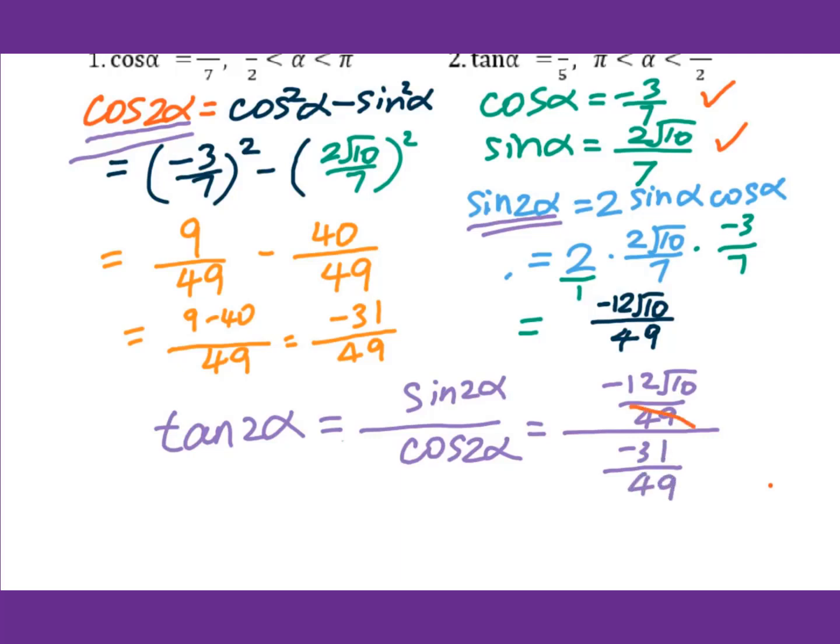Since we have the same denominator, you can reduce. Therefore, you will get 12 square root of 10 over 31, because negative divided by negative is positive. So this is tangent 2 alpha.